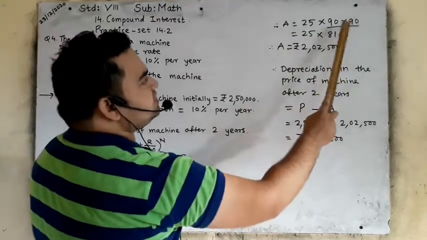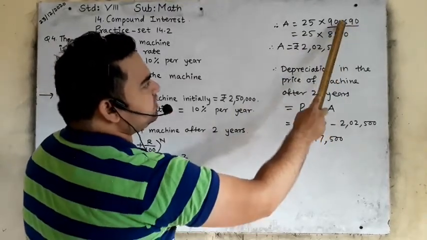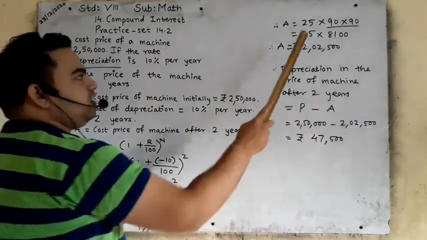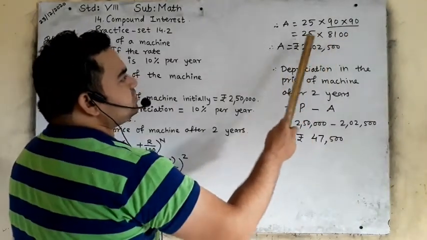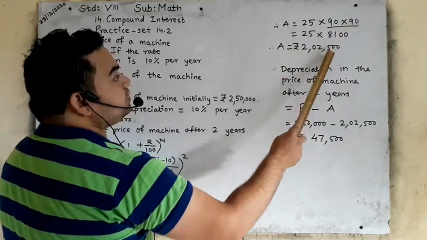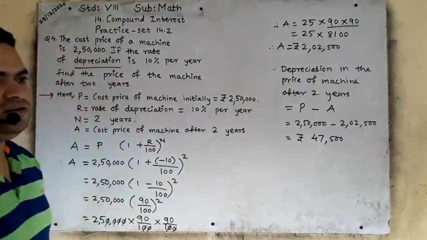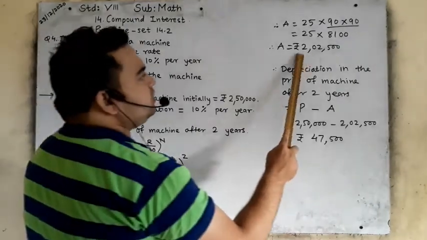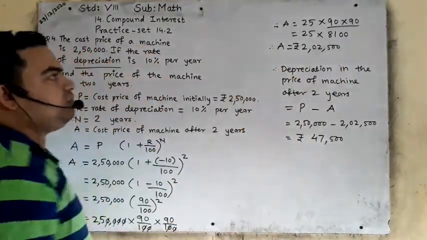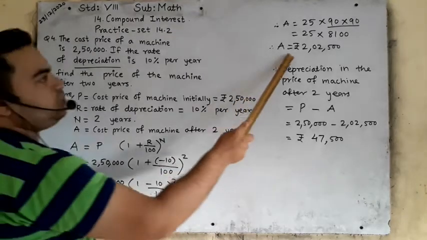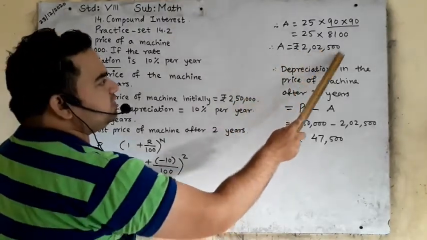This is very easy to solve. 9 nines are 81 and 2 zeros. Now we will multiply here. 25 zeros are 0, 25 zeros are 0, 25 ones are 25, 5 carry 2. 25 eights are how much? 200, and 2, 202. So this is the answer. Amount by compound interest is rupees 2,02,500.